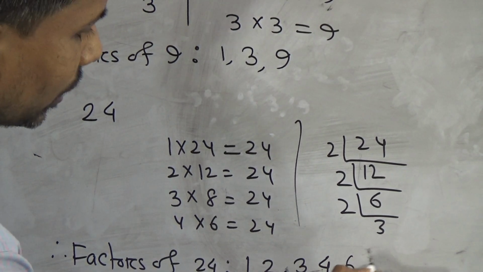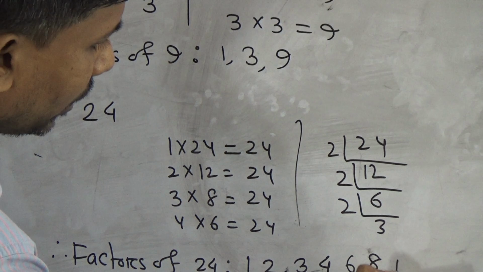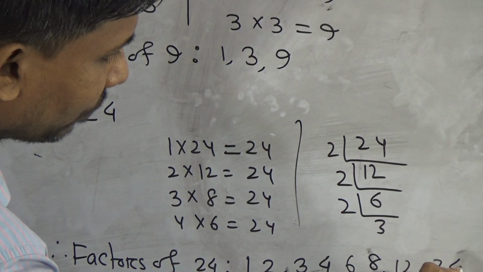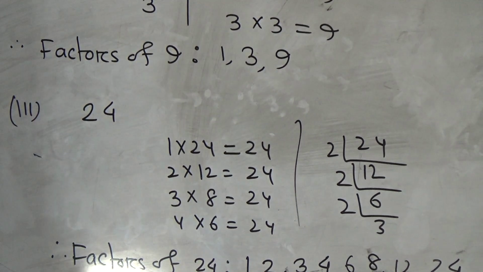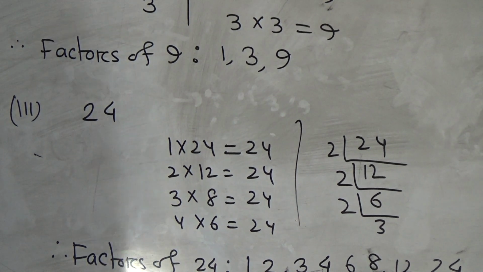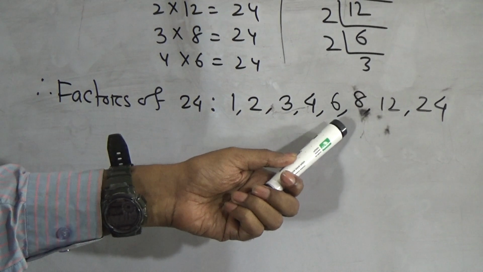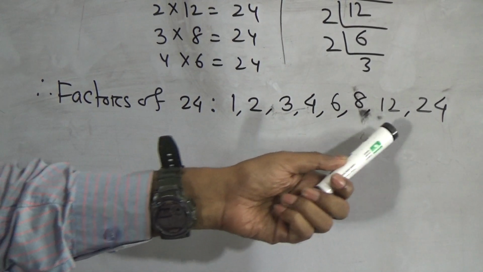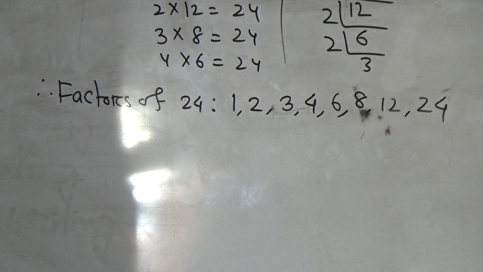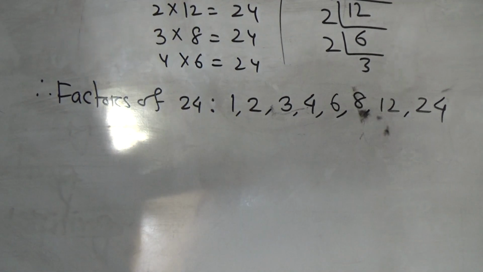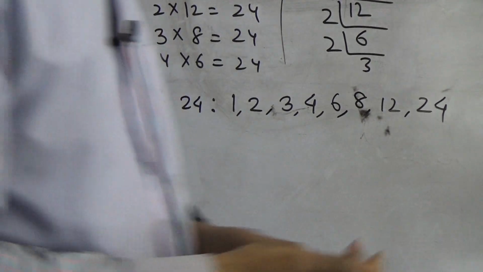Then 6, then 8, then 12, then 24. Okay student, therefore the factors of 24 equal to 1, 2, 3, 4, then 6, 8, 12, 24. This is the factors of 24. Okay student, I hope you understood.